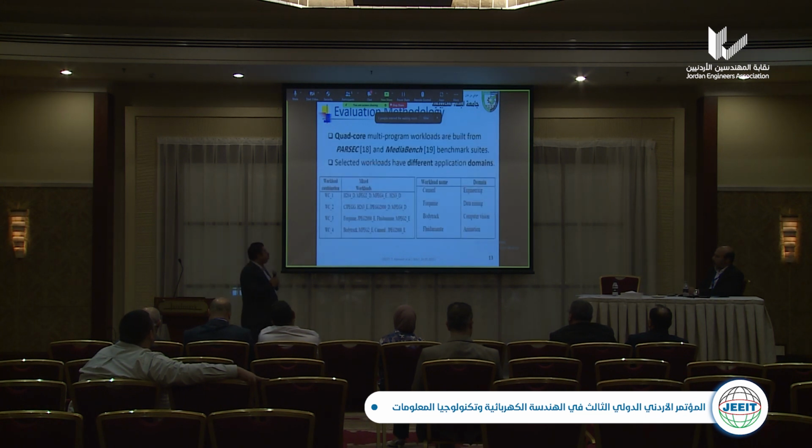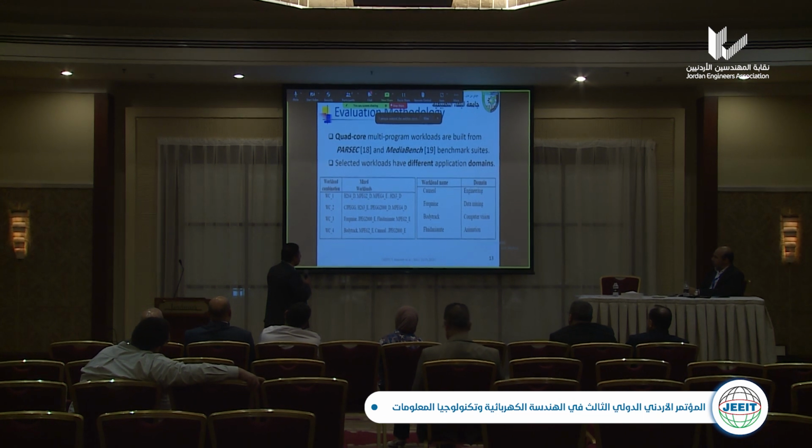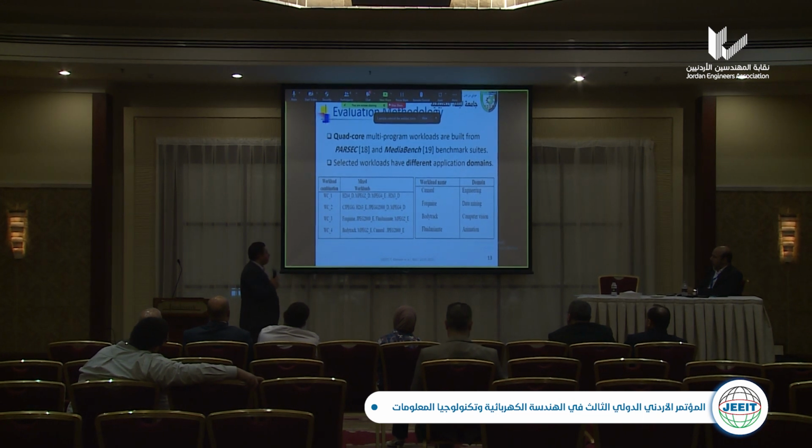We built 4 core multi-programming workloads by mixing applications or benchmarks selected from 2 different benchmark suites, Parsec and MediaBench. The table on the left side of the slide shows the workload combinations used in this paper, while the table on the right side of the slide shows the selected workloads from the Parsec benchmark.